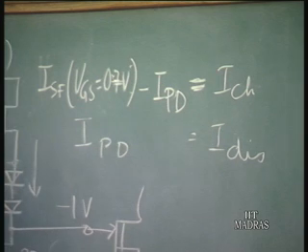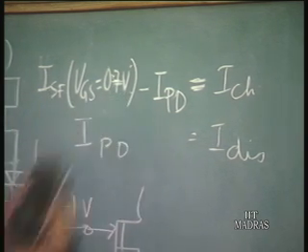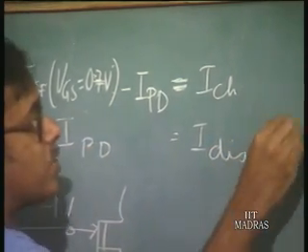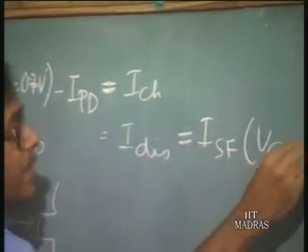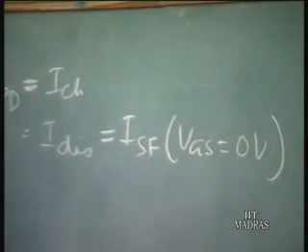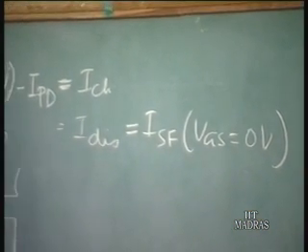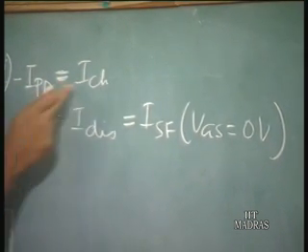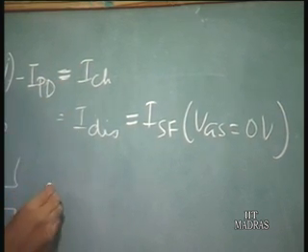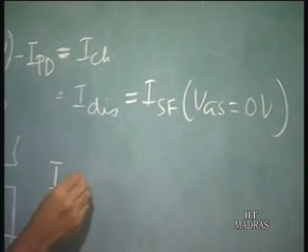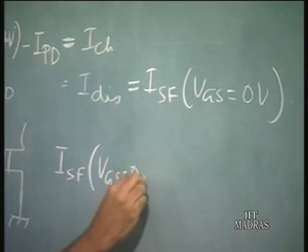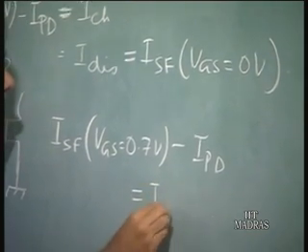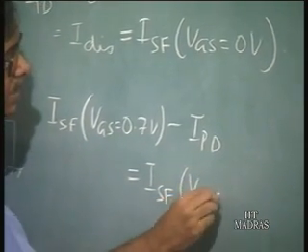This IPD is equal to I source follower at VGS equal to 0 volts, that is how we have designed it. So if we want I charge equal to I discharge, I source follower at VGS equal to 0.7 volts minus I pull down should equal I source follower at VGS equal to 0 volts.